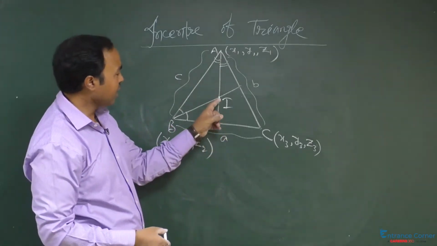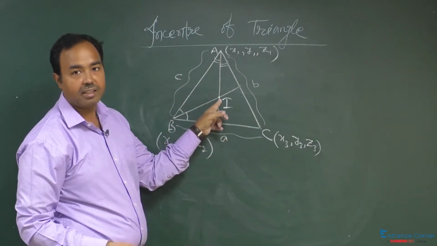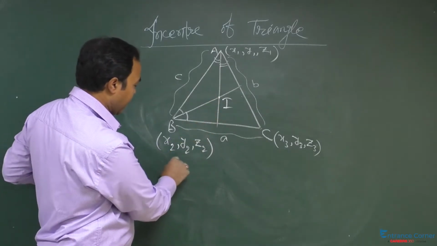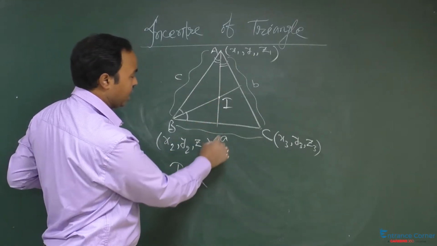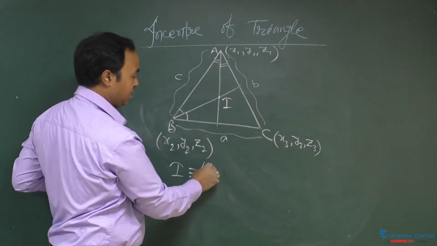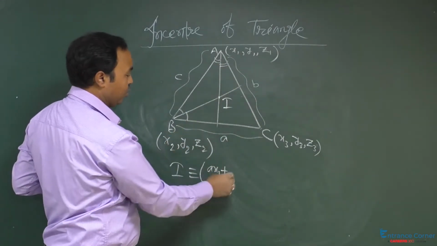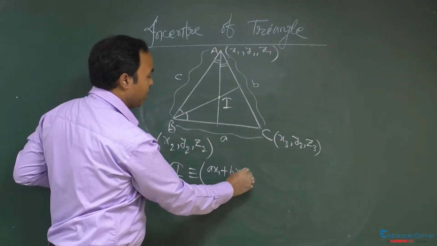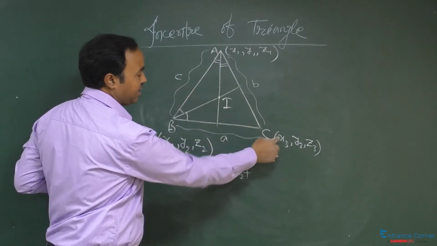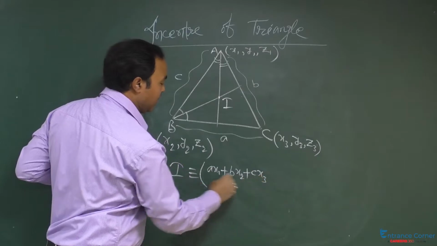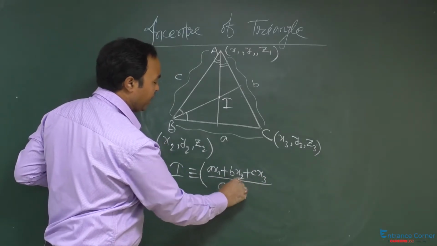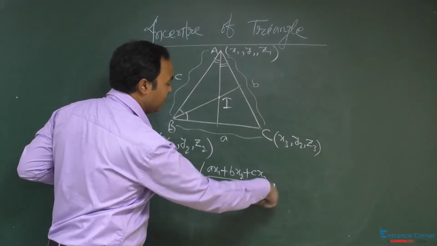Then the coordinate of incenter I is (a x1 plus b x2 plus c x3) divided by (a plus b plus c).